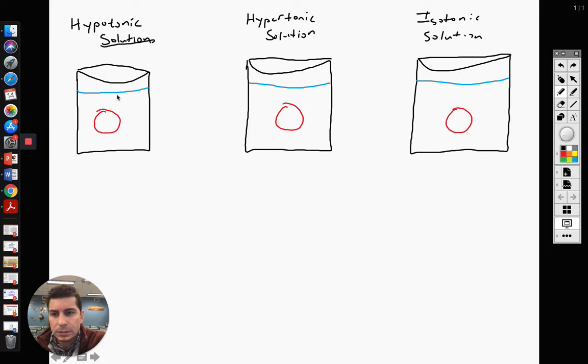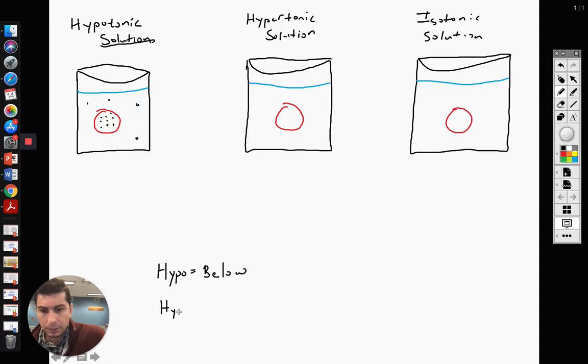So let's put some solute particles in. What's going to happen here is we're going to have a hypotonic solution. So let me put some solute particles in. Now, hypo means below.